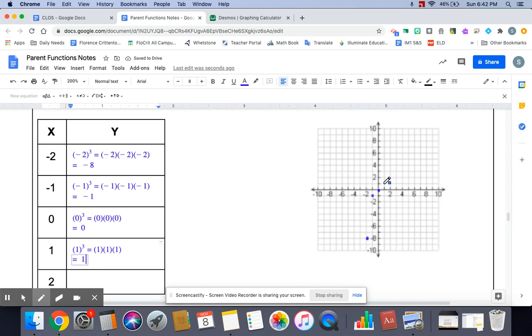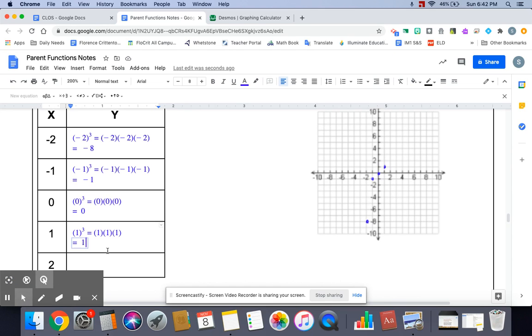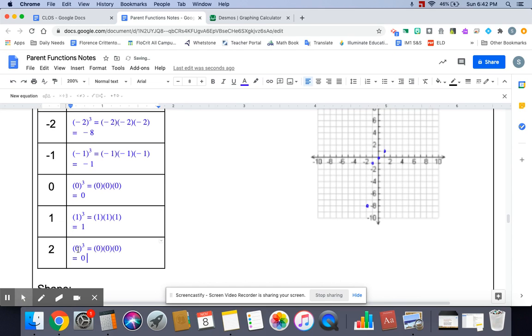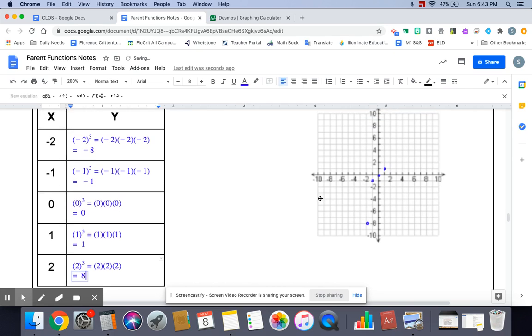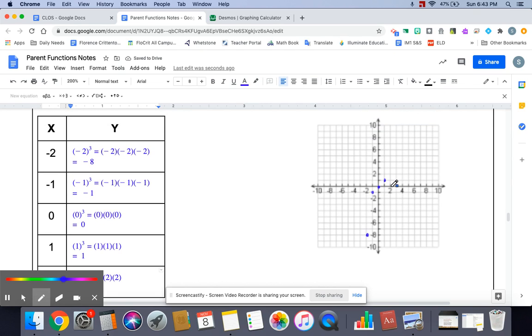So there's a point here at 1, 1. And finally, if I plugged in 2, 2 times 2 is 4, times 2 again becomes 8. And so there is a point at when x is right 2, the y is up 8. So now I have to connect these points to make the right shape.